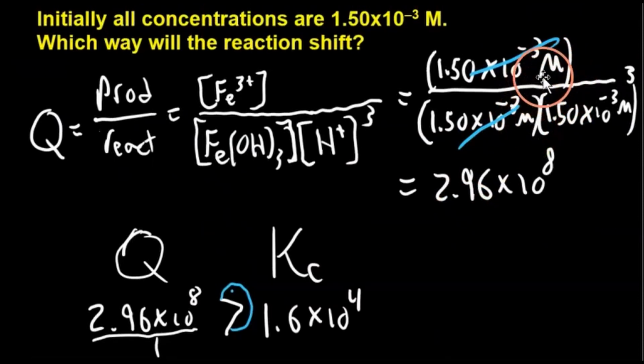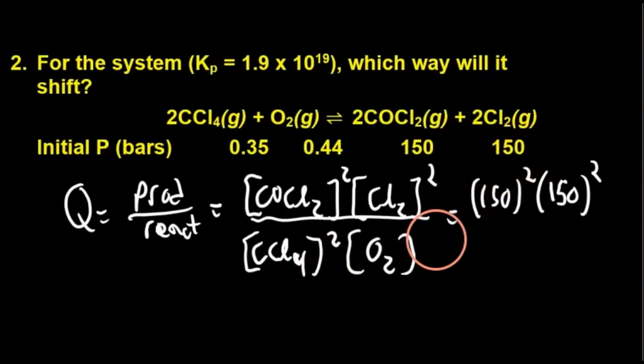See how the molarity, M, these don't totally cancel out, but Q is unitless. And if you want to know, this is more like a second year physical chem thing, where these are supposed to be activities, which are unitless. You divide by the standard concentration. But in general chemistry, we don't worry about that at all. Just know that this is unitless. If you want, let me know, I can make a video on that.